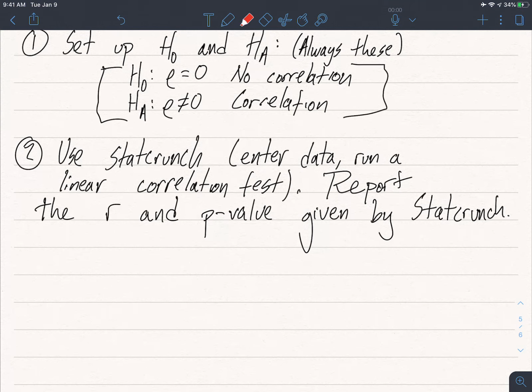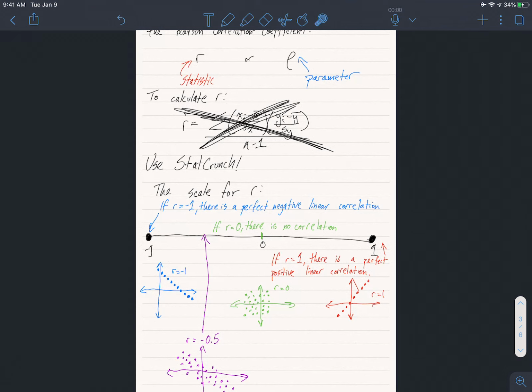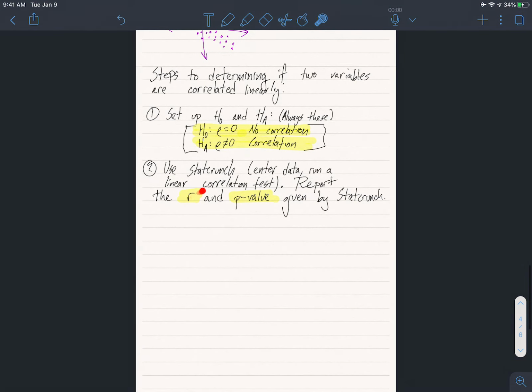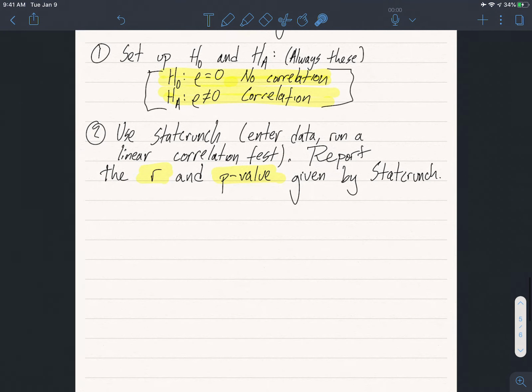Maybe I should be highlighting all this important stuff, right? These are the hypotheses we need. And after we use StatCrunch, we need an R value and a P value. So StatCrunch will give you this R instead of having to do this nasty thing up here that I've already crossed out. StatCrunch will give you the R and something called a p-value, which you've seen before when we did hypothesis testing.